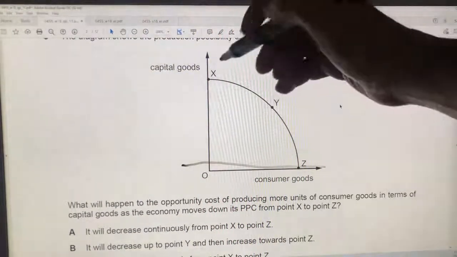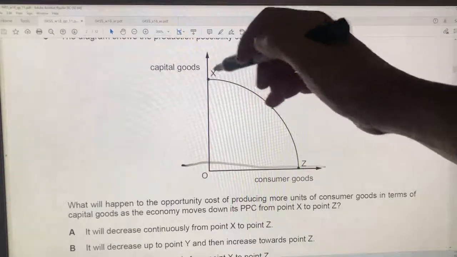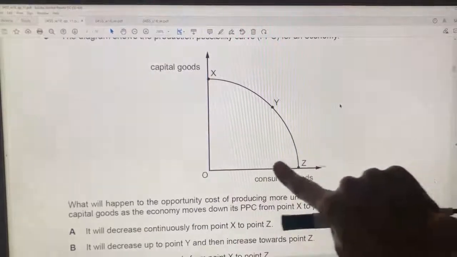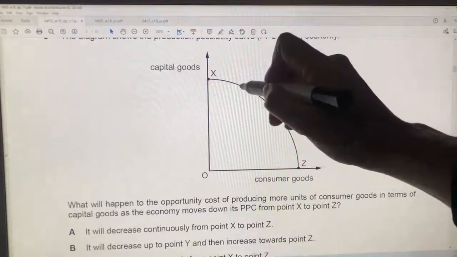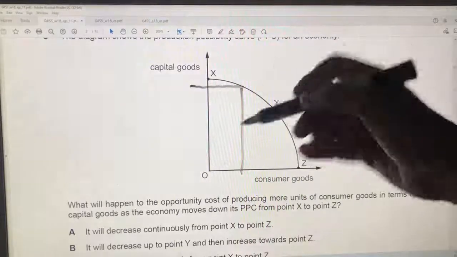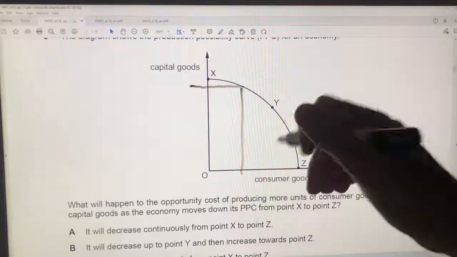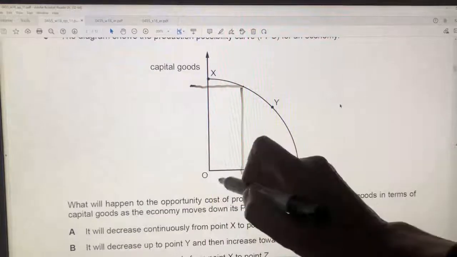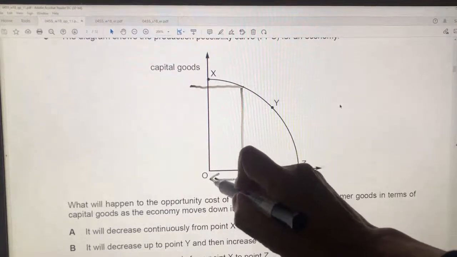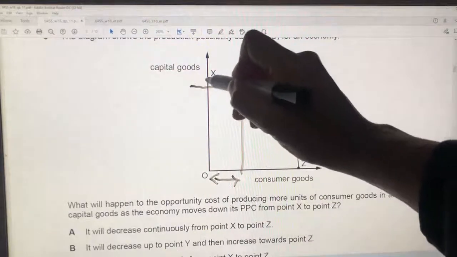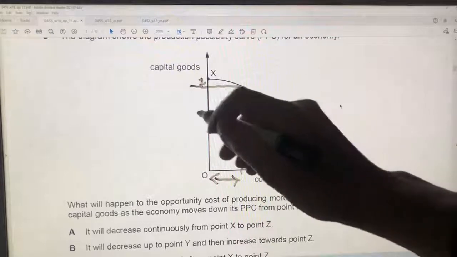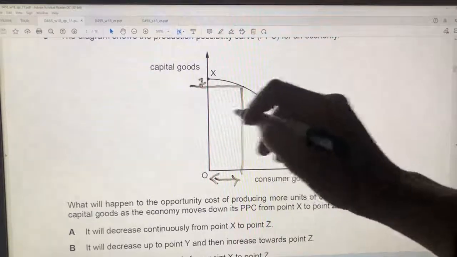If we only produce capital goods, we're producing at point X. If we want to produce some consumer goods, let's produce this many consumer goods. Look at that. The opportunity cost of producing this amount, a pretty fair amount of consumer goods, is only a little capital goods. However, that's a small opportunity cost.